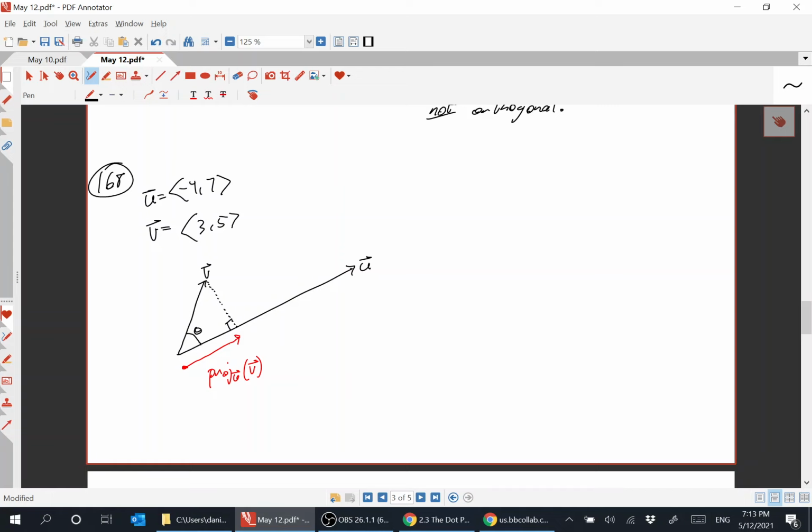It's the length of V times cosine of theta. So that is the component of V onto U. The dotted line here is the length of V times sine theta. But the dot product was equal to the length of U times the length of V times cosine theta. So the only bit that's missing is the length of U, but I can put it in there.